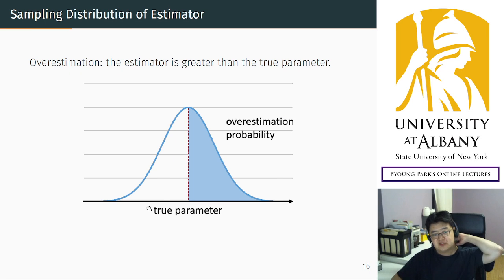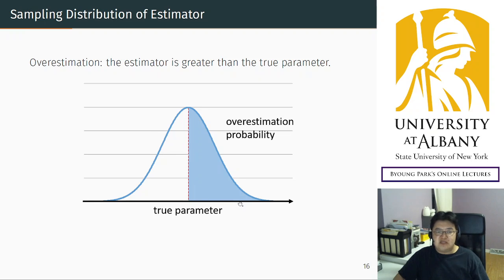And then some examples to evaluate the estimator. For example, if the estimator is greater than the true parameter, then we say the estimator is overestimating. It's overestimation. The estimator is greater than the true parameter, and its probability is this shaded area, which will be 50% because it's half and half.